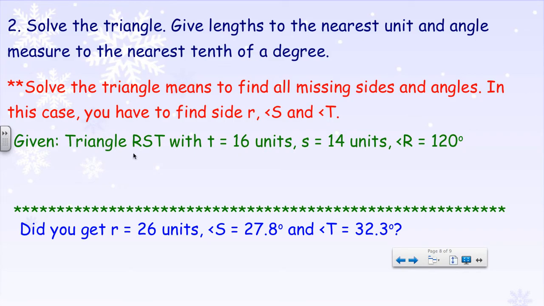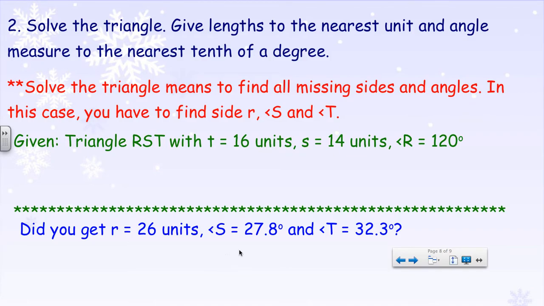Here you're given triangle RST, you're given side T, side S, and angle R. But remember, in the triangle you've got 3 sides and 3 angles. So solve the triangle in this case means that you have to find side R, angle S, and angle T. So go ahead and do that for me. Make sure that you get the following answers.